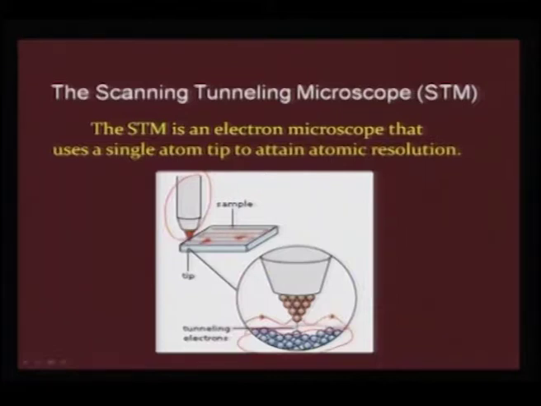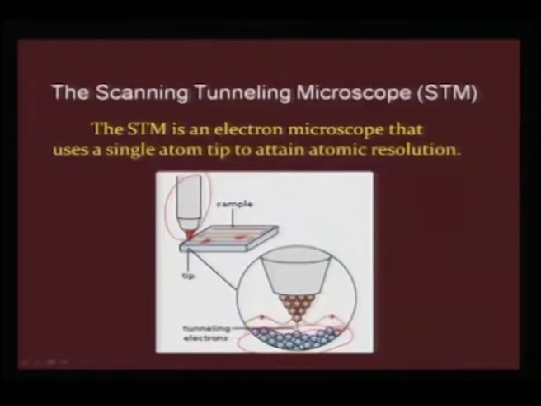To achieve atomic level mapping of your material, you need a tip which will also bring about such a resolution. To the naked eye this may look like a pointed tip, but the tip in essence should almost be reduced to a single atom tip, and that is the most governing principle of this STM.